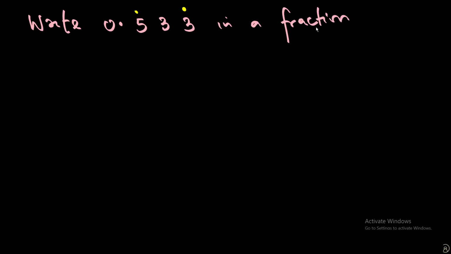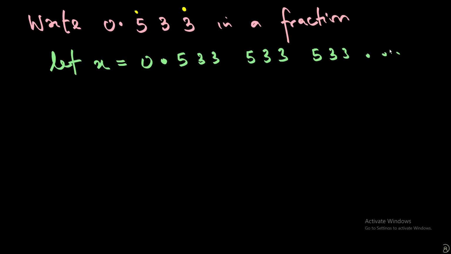And now we have another example here. We have to write 0.533 with the digits 5, 3, and 3 recurring as a fraction. First we say let x be 0.533533533, of course these are the digits recurring.